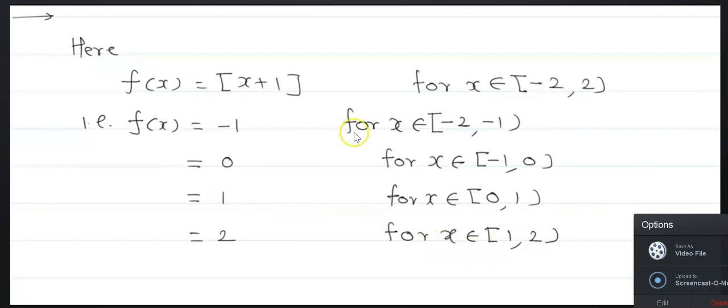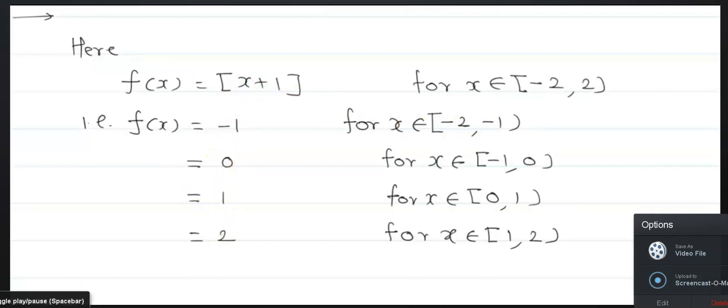If we substitute x equals 1, 1 plus 1, you will get 2. Now you have to make these types of intervals. You define the function for the greatest integer function: f of x is equal to minus 1 for x belonging to closed interval minus 2 to 1. If we substitute x equals minus 2, then you will get minus 1, 0, 1, 2, like this.